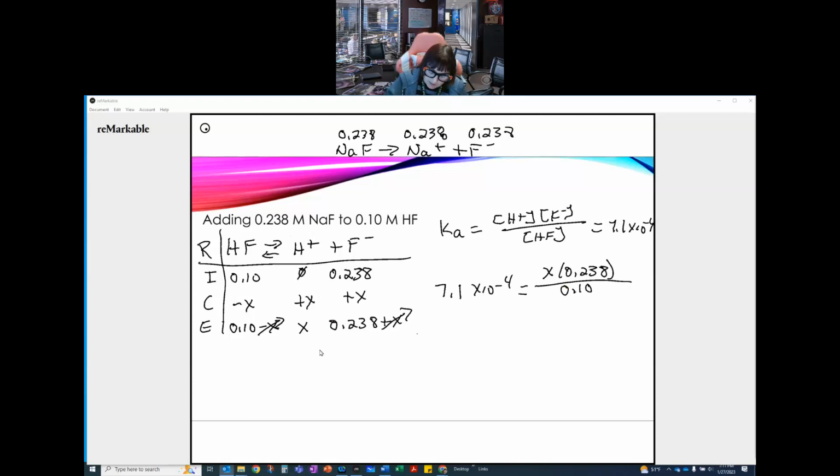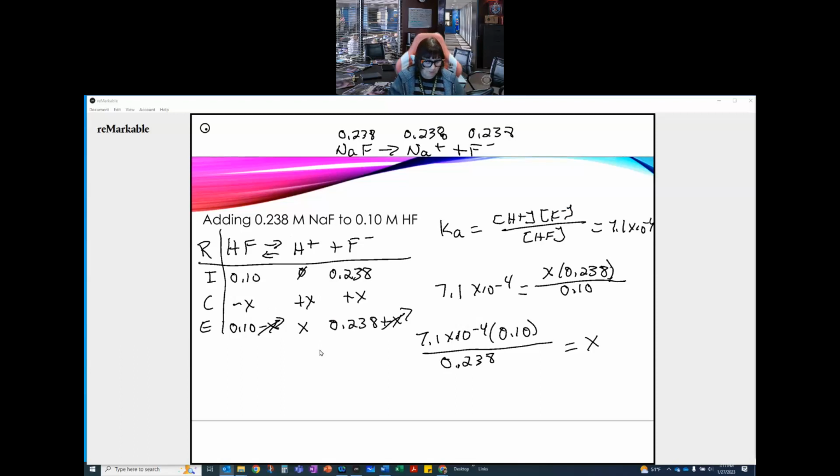So my 7.1 times 10 to the minus 4th gets multiplied by 0.10 when we pull that over, and then we divide both sides by 0.238. Since I've multiplied and divided both sides by that, that's going to leave me with an X. Yay, that's awesome. I can calculate that, can't I?